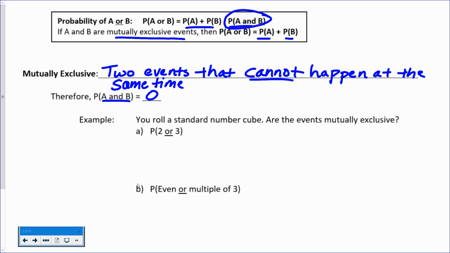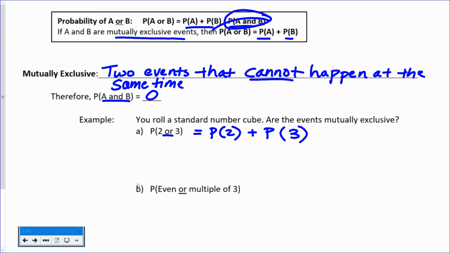So if we're talking about rolling a standard number cube for parts A and B, and if they are mutually exclusive or not. Okay, so the probability of a 2 or a 3. That means I need to find the probability that I would roll a 2, or means I'm going to add those probabilities, the probability that I would roll a 3.